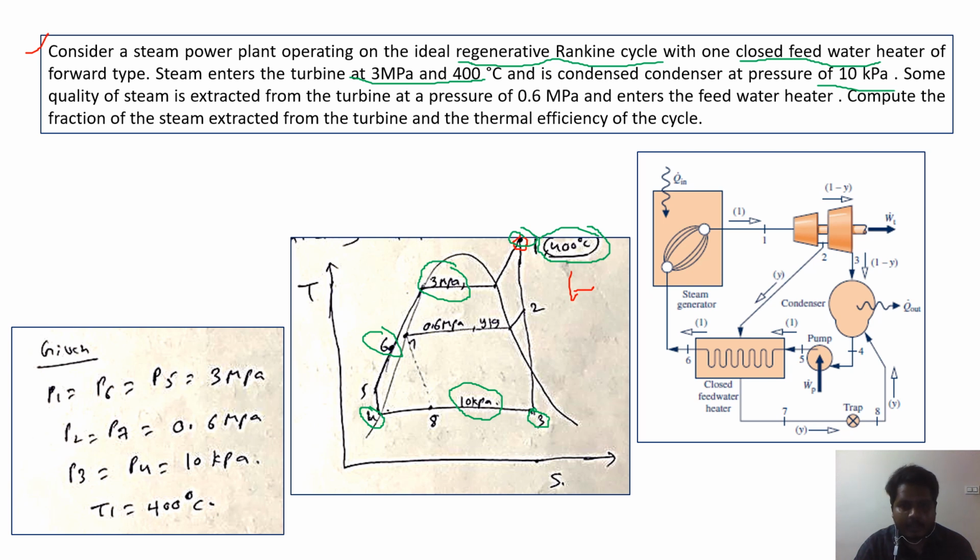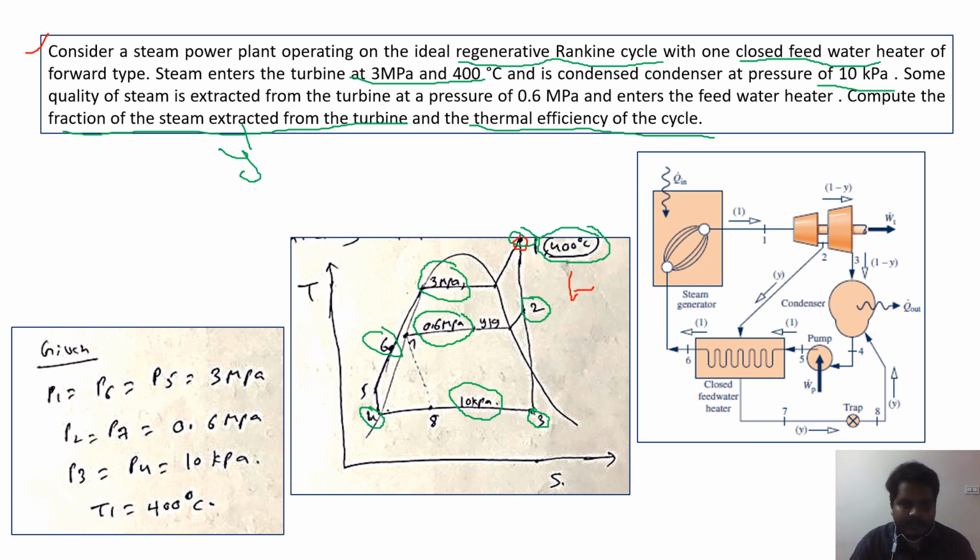As we know, at point 2 there will be extraction of steam, and that pressure is 0.6 megapascal. Now we have to find the fraction of steam extracted from the turbine, which means we have to calculate y, and also the thermal efficiency.